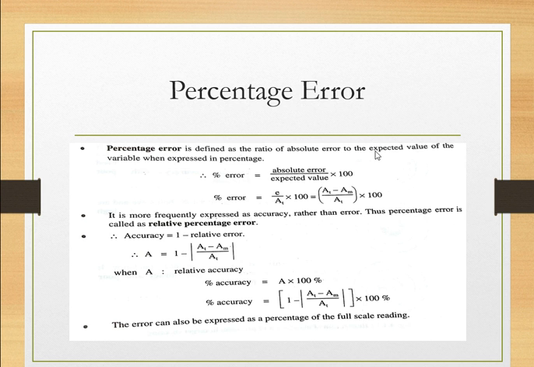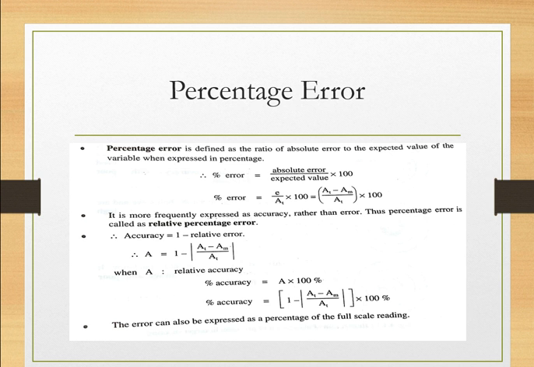But if you see, it is more frequently expressed as accuracy. We have seen the accuracy, we have seen the precision, and the difference between accuracy and precision. You know very well that accuracy and errors are interrelated quantities, because from accuracy we can say the error, and from error we can say what the accuracy is.